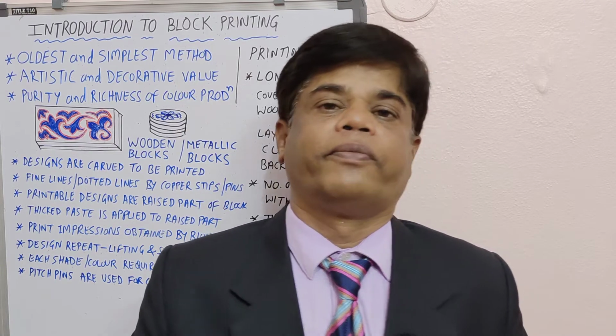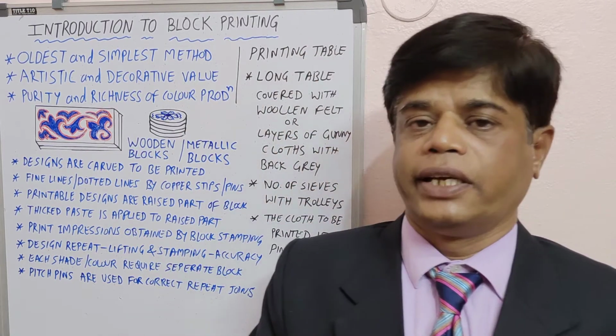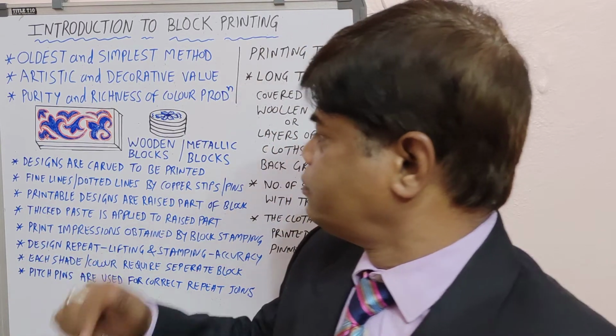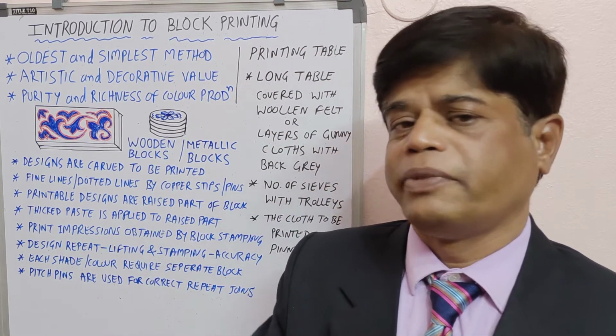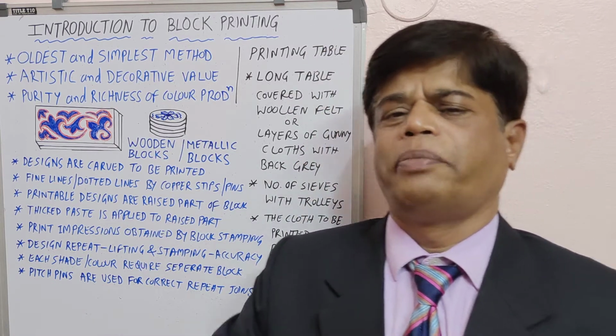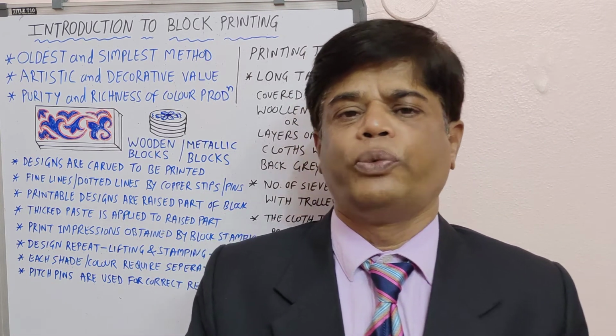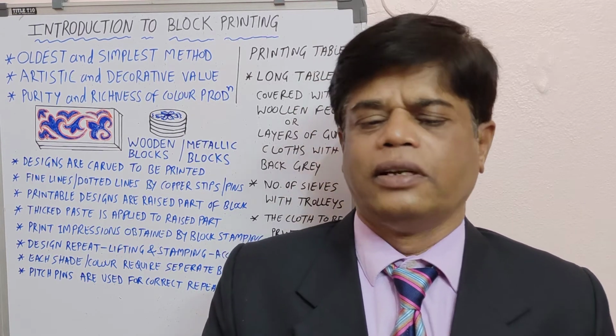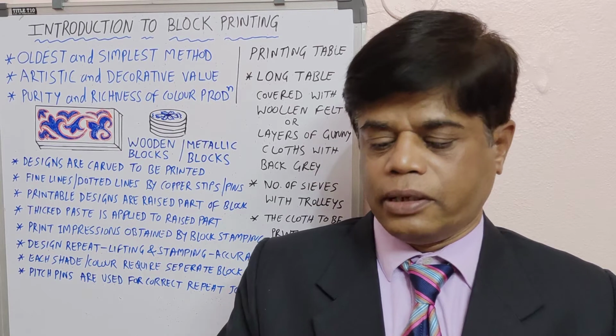To reduce the mistakes, there are some pins and adjustments. Those are pitch pins. To make it easy for the printer to achieve accuracy in repeating the designs, some pitch pins are used, and some calculations are done.